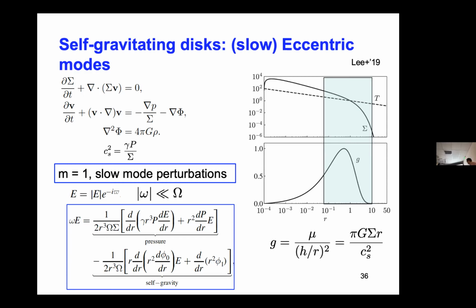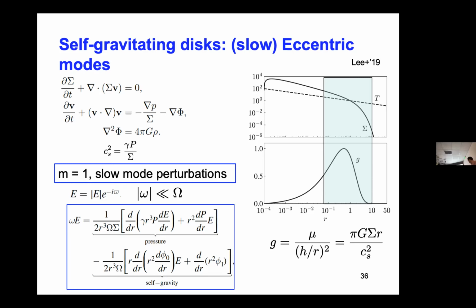And instead of the usual density, velocity, and pressure variation, let's deal with eccentricity, because we are looking for spiral features, which are eccentric. So this was all worked out back in the 90s: what if we perturb this equation using eccentricity as a variable, with a very low frequency limit, assuming m equals 1, and you get this big equation.